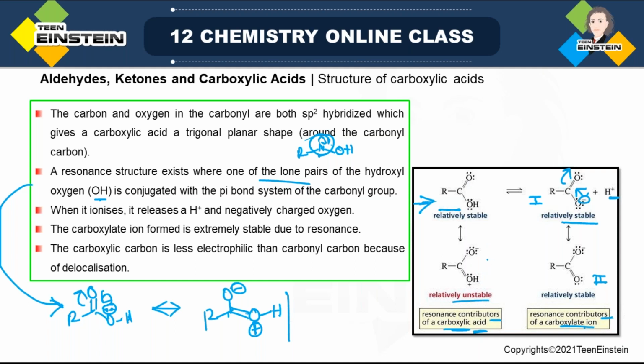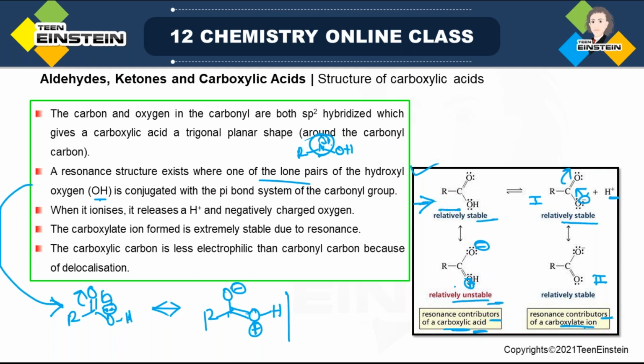When we choose which resonance structure is more stable, there are some rules, and one rule is to choose the structure having less charge. The first molecule, the normal form, has no charge, but in the second form there is a negative charge and a positive charge. So obviously the first form is more stable, relatively stable, and the other is relatively unstable.